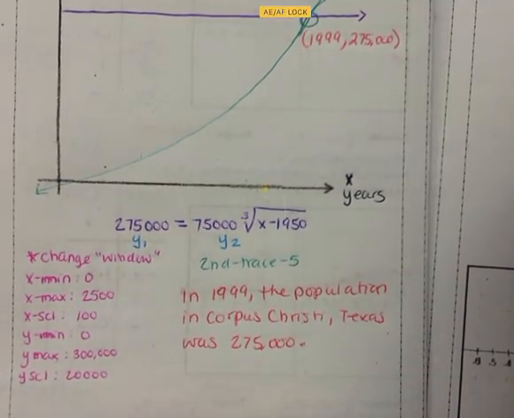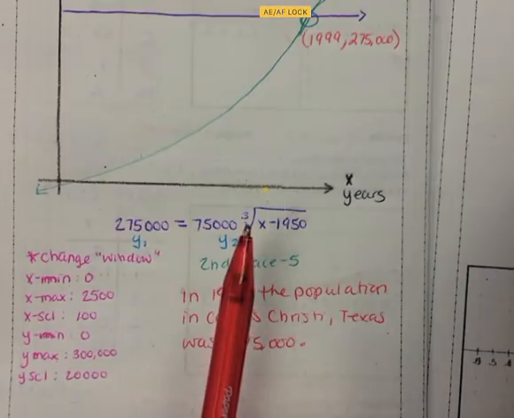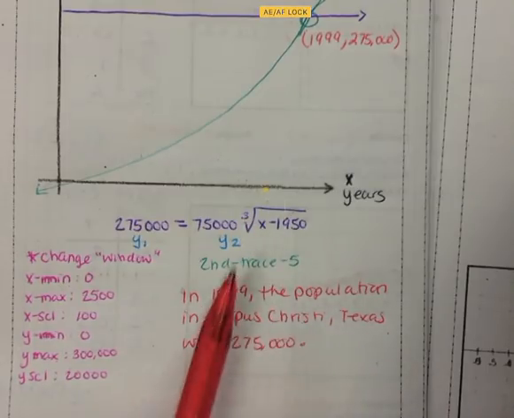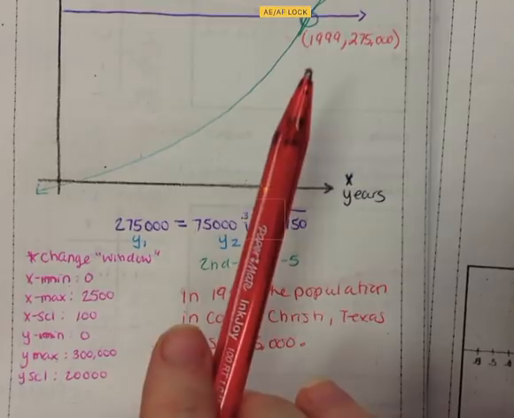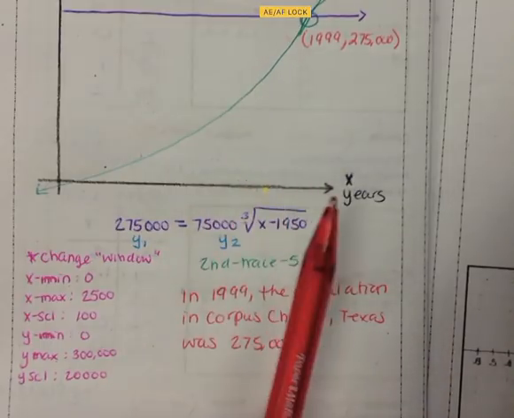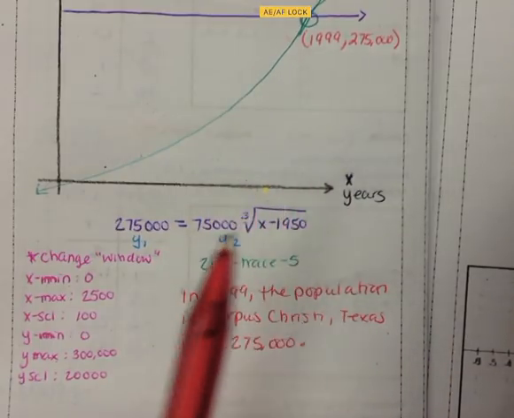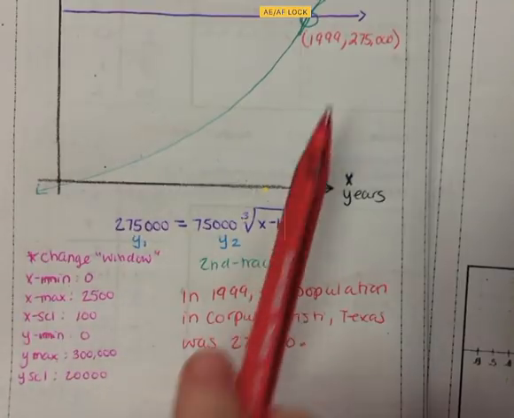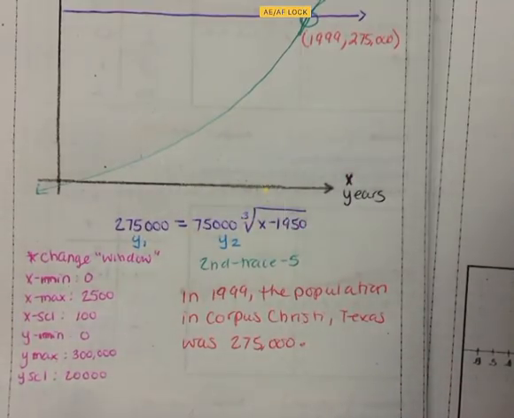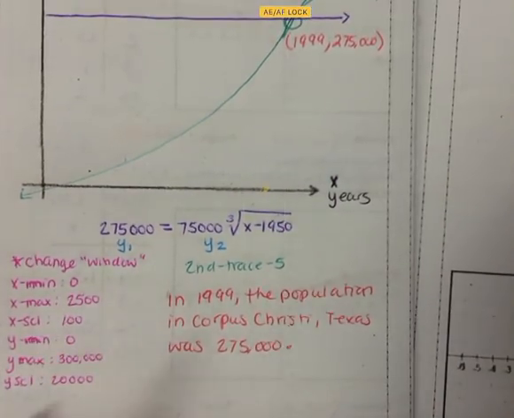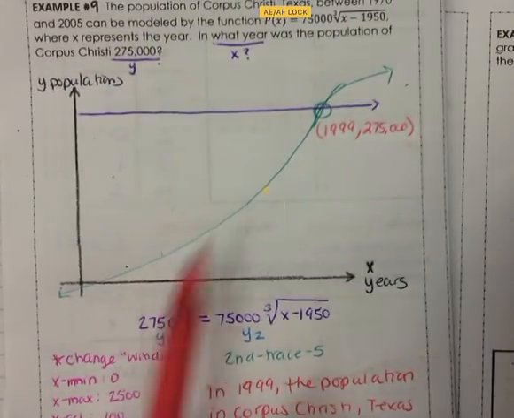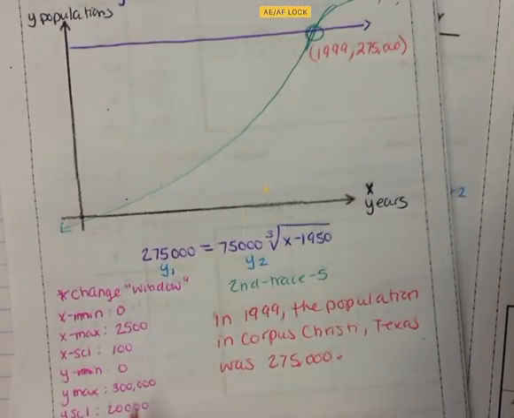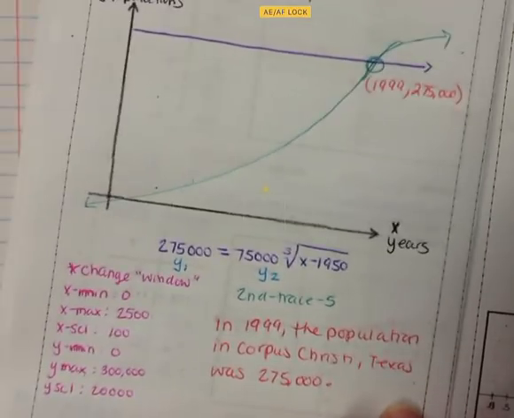So again, that is an approximation as well, because it was 1999 and a little bit of change. That might have been in a different month. It wasn't exactly in the very beginning of 1999. It could have been in like January or February. But you can still find it using second trace 5. It's just really understanding how to use the window. That's what that problem was mainly about.